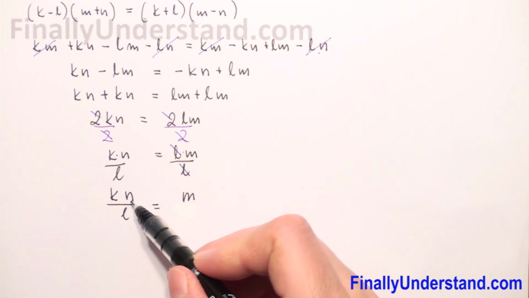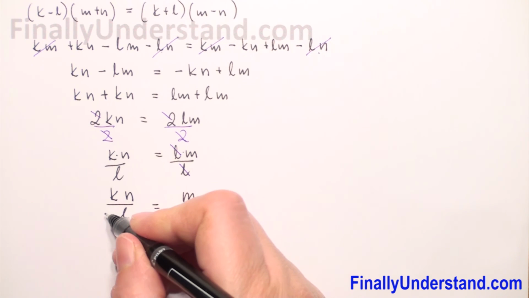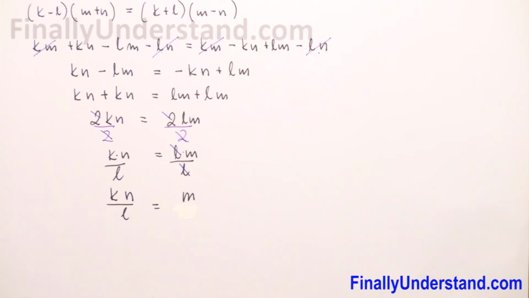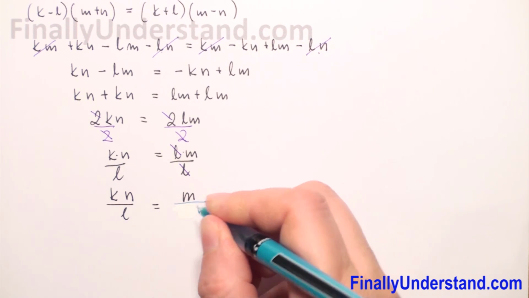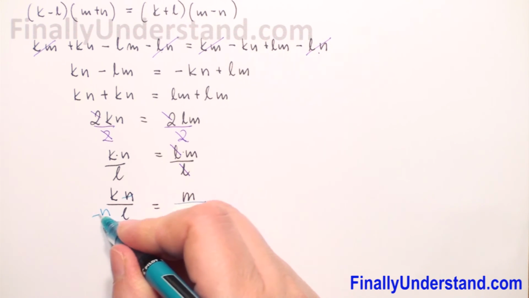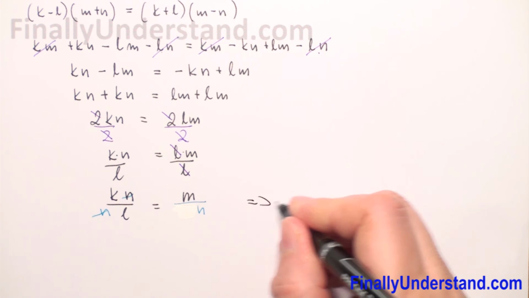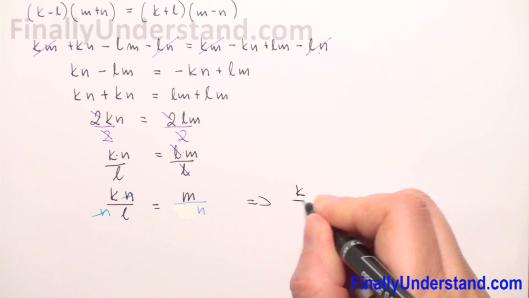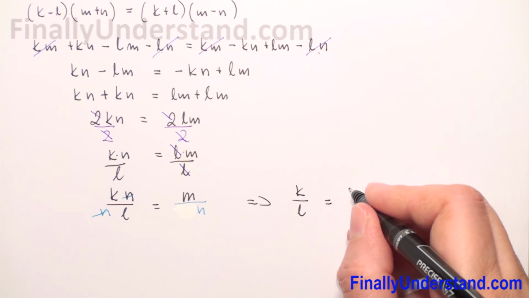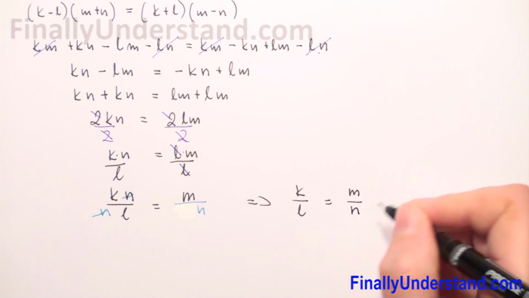Because I don't want this n on the left side, I will divide now both sides by n. So it will be over n, over n. So n and n we will reduce, and what we have is that k to l is equal to m to n.